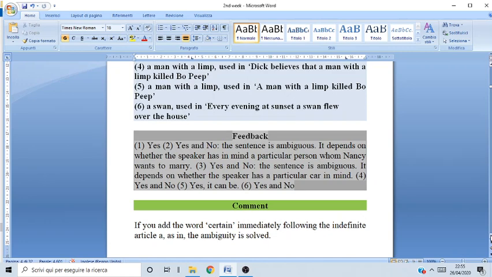So what's the trick to remove ambiguity from these sentences? You can add the word certain after the indefinite article. And in that way, it definitely is a referring expression because it's referring precisely to one object or to a person.